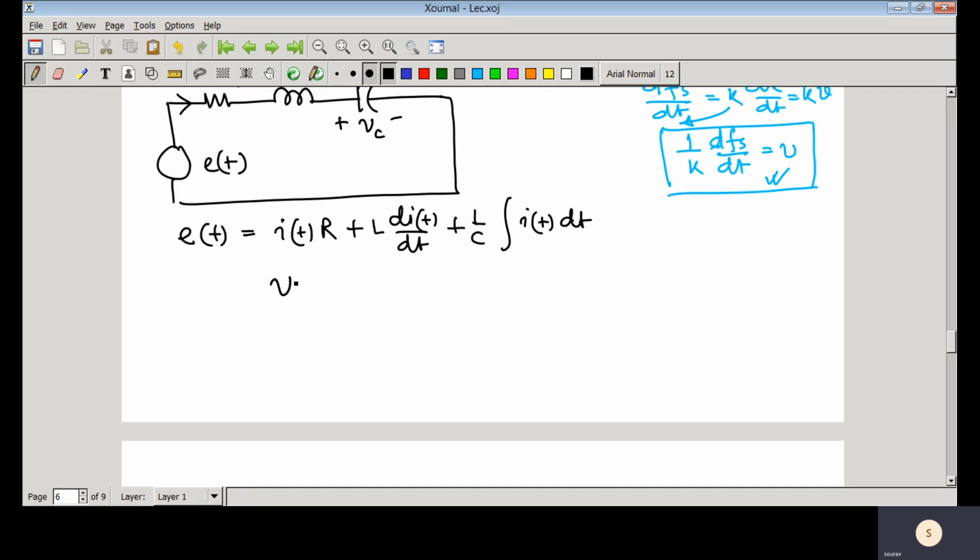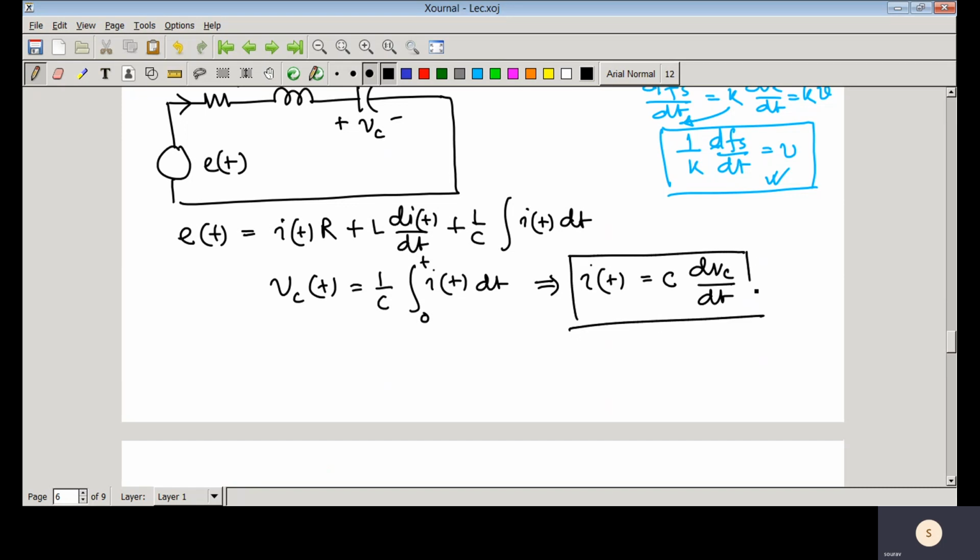here, the voltage across the capacitor equals 1/C integration, say 0 to t, of i dt. So this implies that i(t) equals C dVc/dt. So this relationship we have.